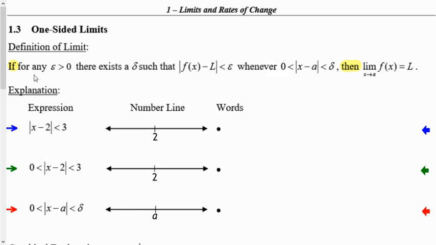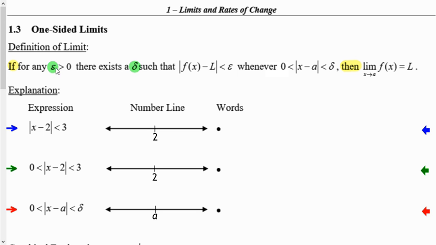If for any epsilon greater than 0, so this is a Greek letter epsilon. It's kind of similar to our English letter E. So for any epsilon means that we can choose it. So this is like our independent variable in a sense. There exists a delta, another Greek letter.